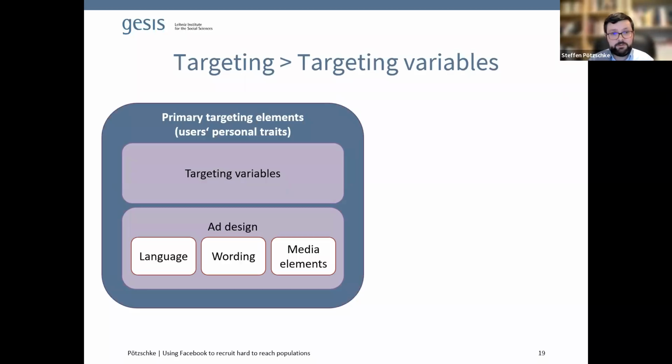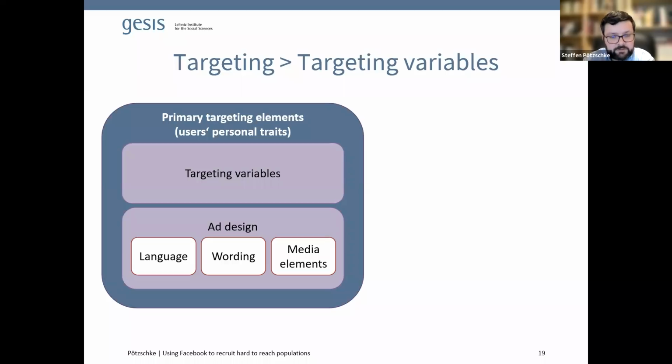So naturally, the advertisement can only be understood by people who speak one of those languages, and those people will be much more likely than others to click on the advertisement. Then we have the wording, and I will present you some examples. Long story short, you should always try in the wording of your advertisement to directly engage the targeting population.